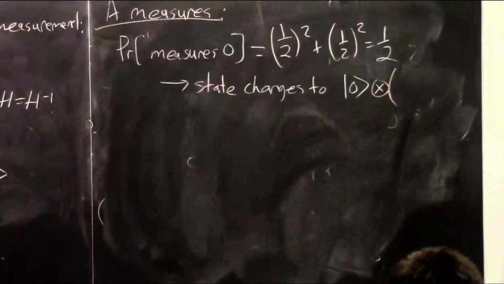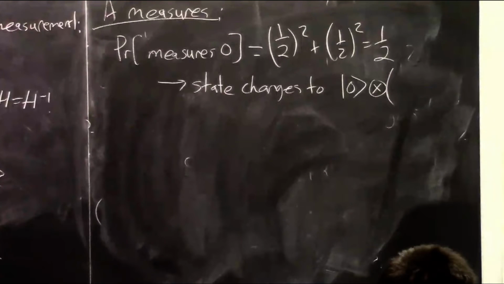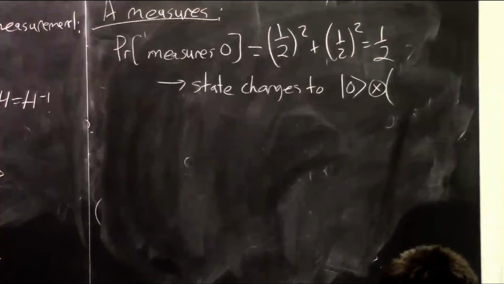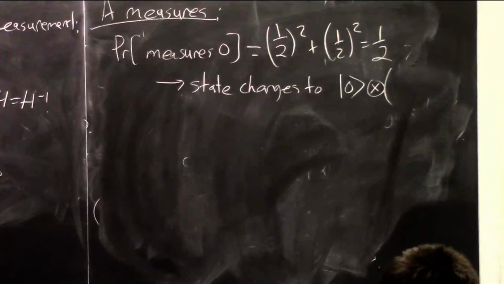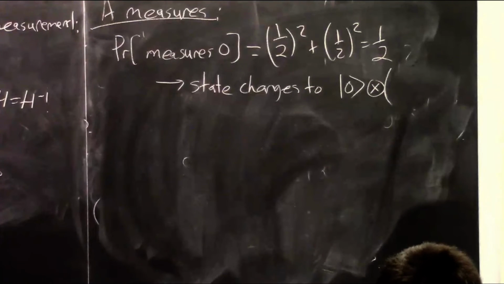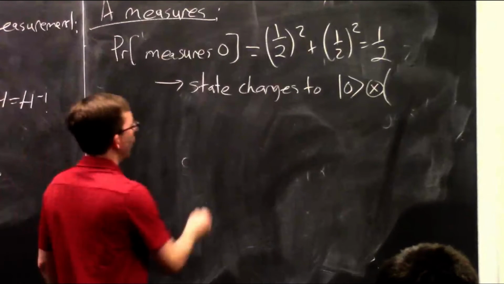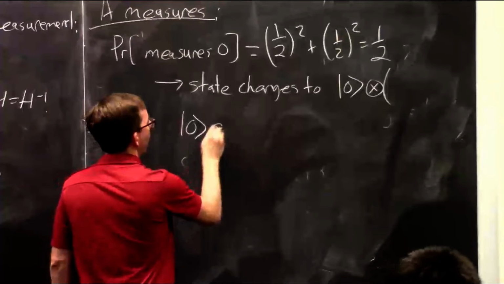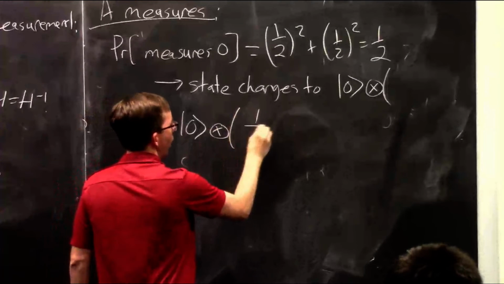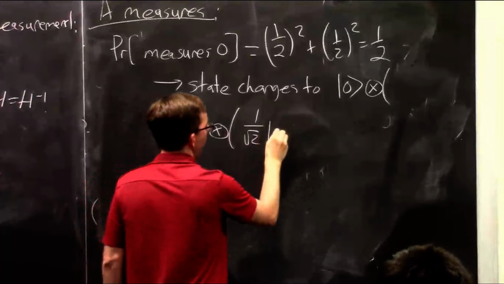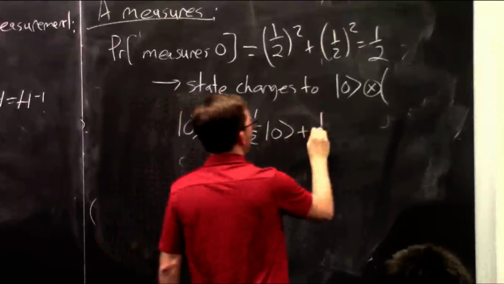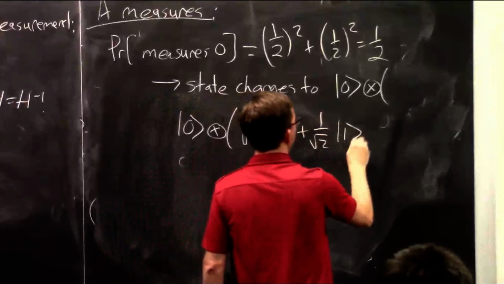what's left? She picks up this and this. And we have to normalize these two parts by dividing by square root of a half. So let me just write it here. It'll be 1 over root 2, 0 plus 1 over root 2, 1.